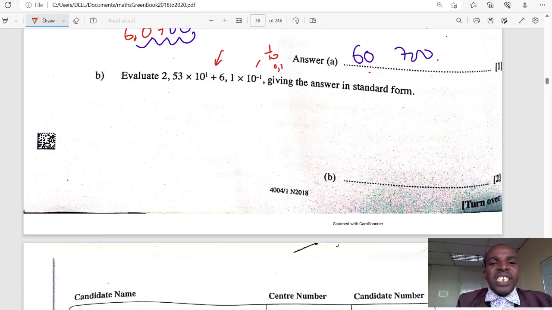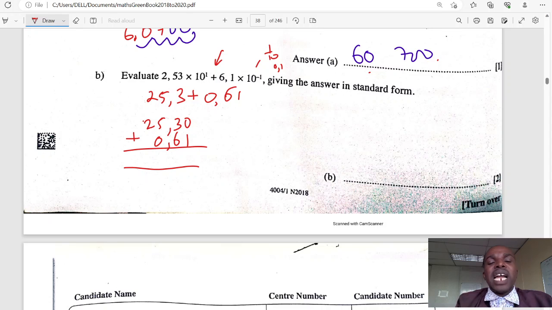Then 10 to the power 1 is 10, then 2.53 times 10 is 25.3, then plus 6.1 times 1 over 10, which is 0.61. Then you add these 2 items: 25.3 plus 0.61.